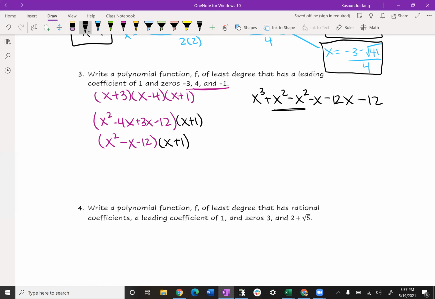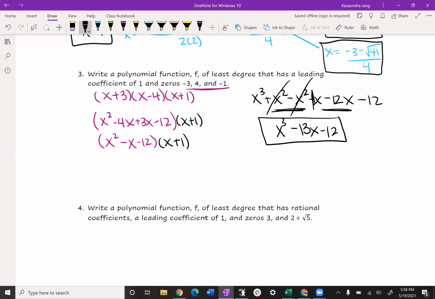I got a couple x squareds, a couple plain x's. Because I have a positive and negative x squared, they basically add up to 0, or some people say cancel out, same thing. My plain x's, negative x, it's like a negative 1x minus 12x. Negative 1 minus 12 is negative 13, so I've got negative 13x, and I still have the x cubed at the beginning and the negative 12 at the end.